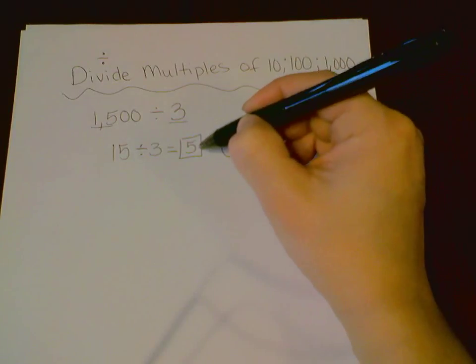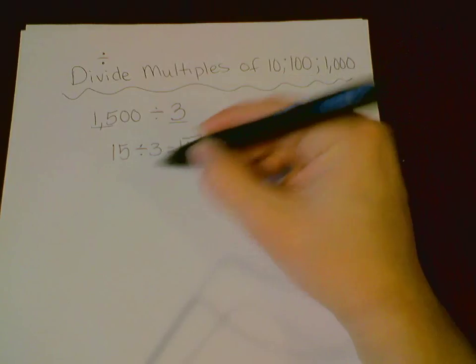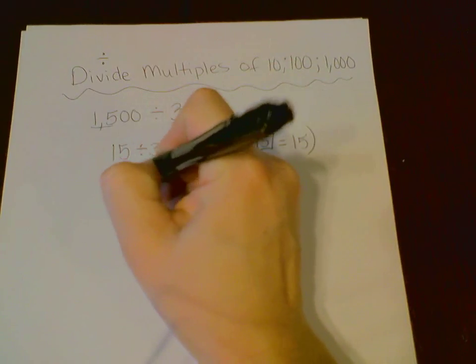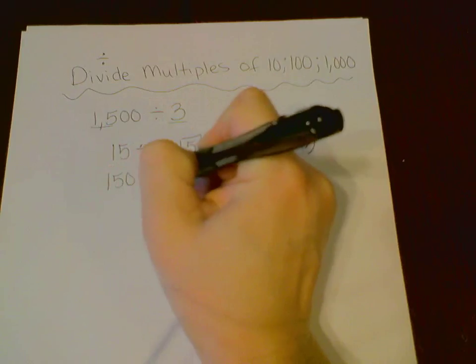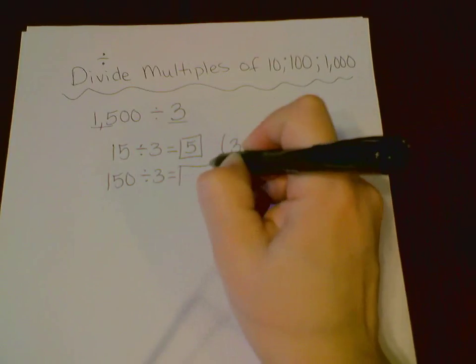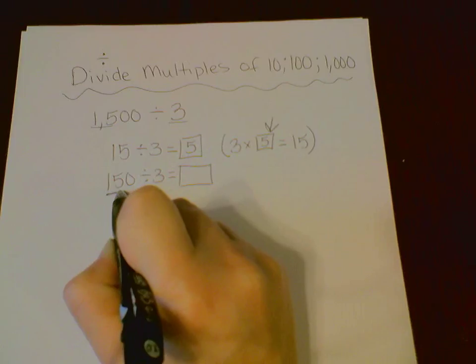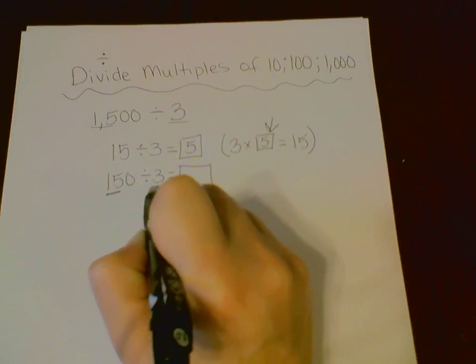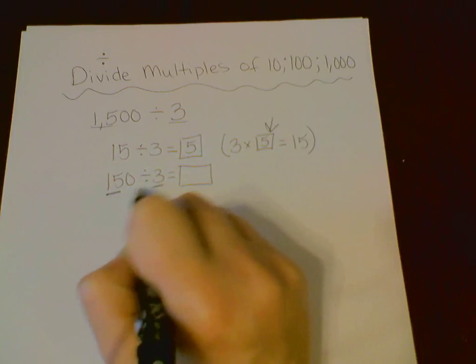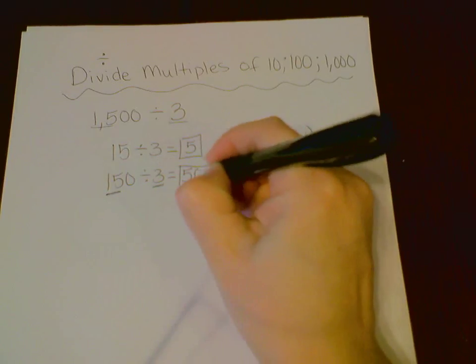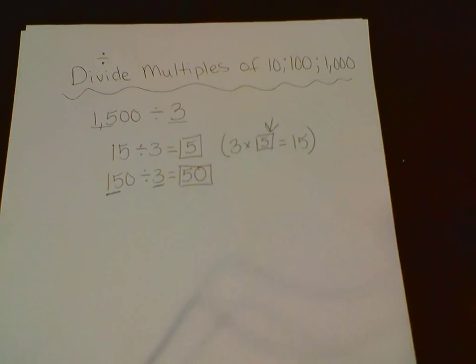Knowing that information, let's add a piece to our division problem. Let's do 150 divided by 3. Figure out what that equals. Well, the 15 is still there in the number 150, so is the 3. So I know the 15 divided by 3 is 5. There's a 0 here, so I put a 0 behind, okay?